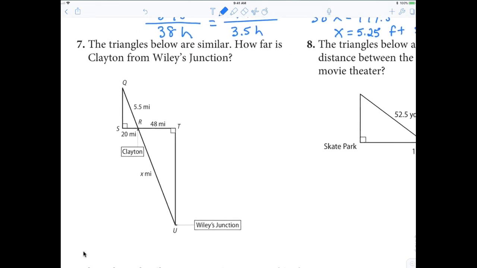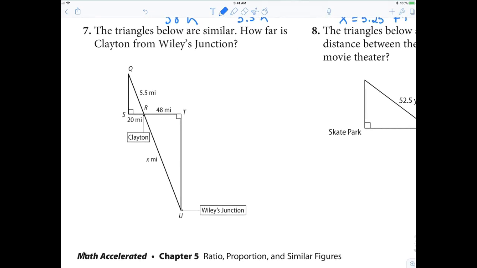All right. So now I want to take a look at question number 7. Julia, you want to give me a shot on that one? Now again, Julia, tell me what similar means. You remember?